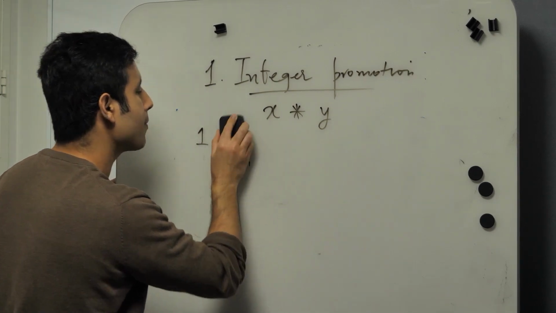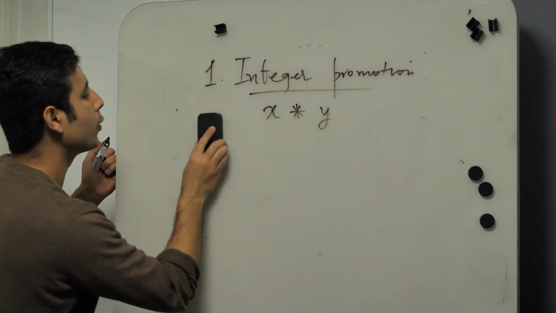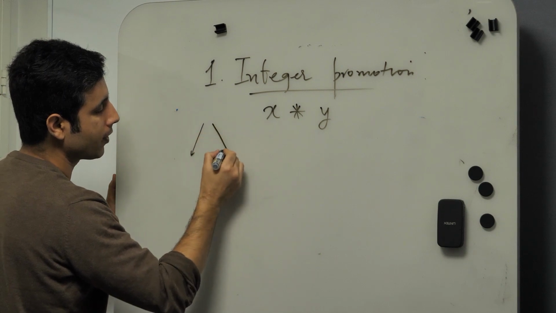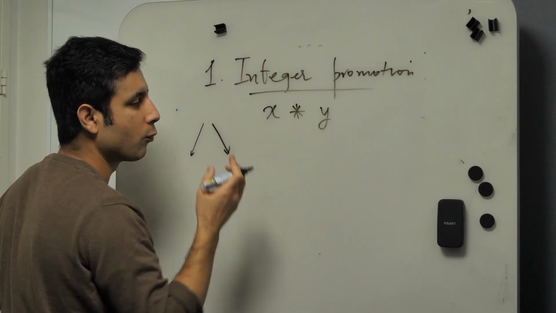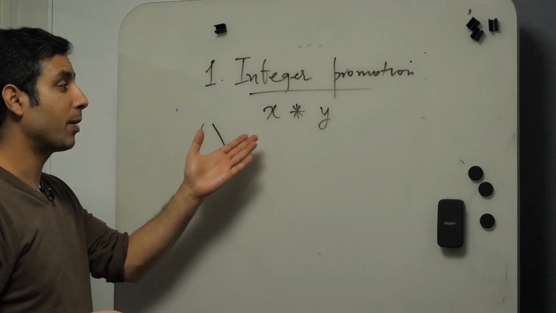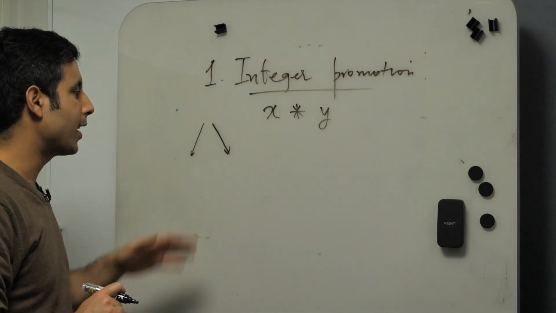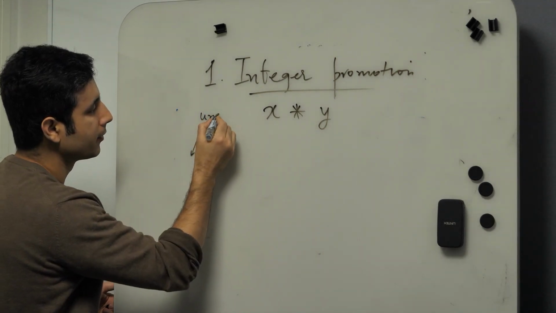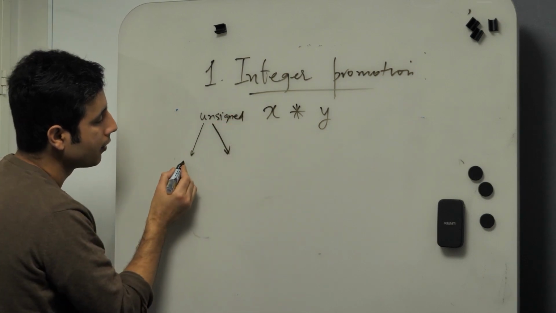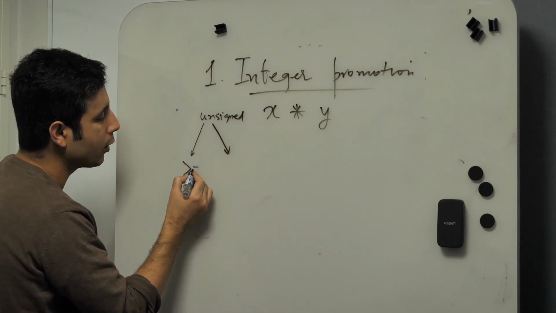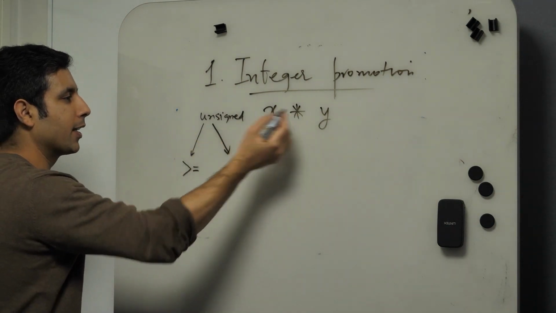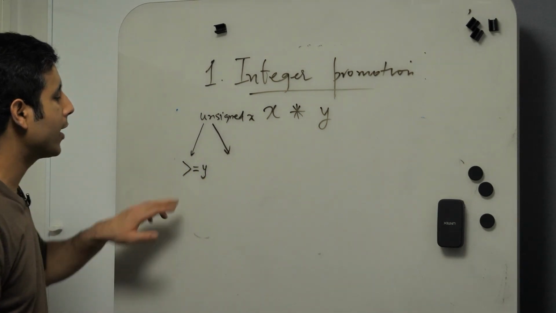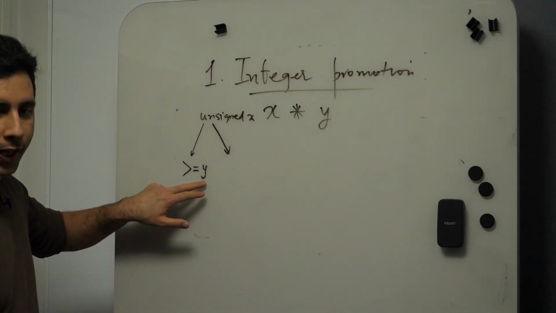What if they don't have the same signedness? Then one of them is unsigned, the other is signed, and we have two cases. What if unsigned has greater or equal ranking compared to the signed one? If x is unsigned, then x has greater or equal ranking than y.